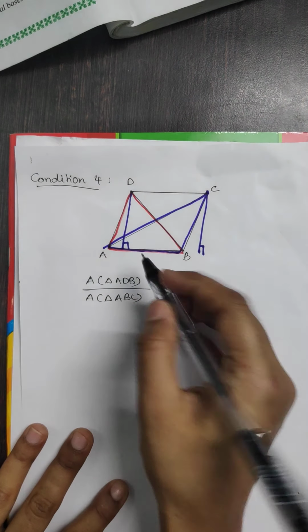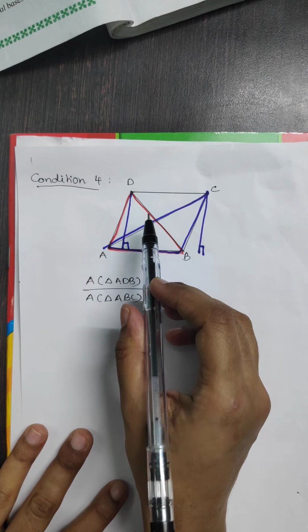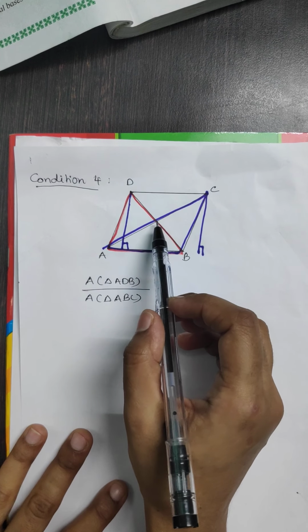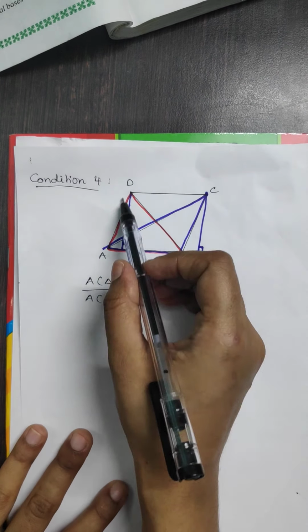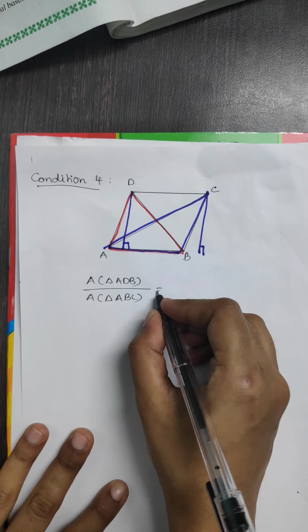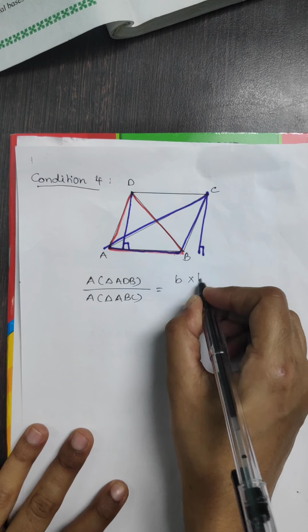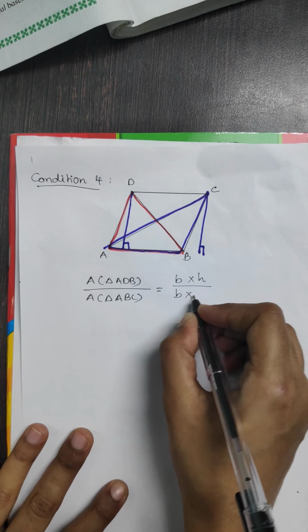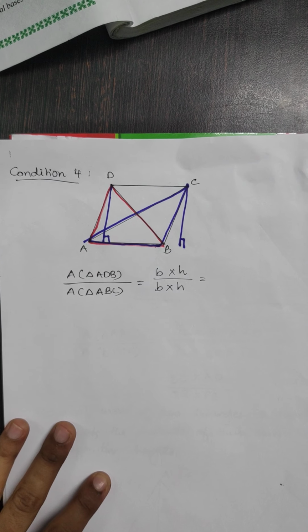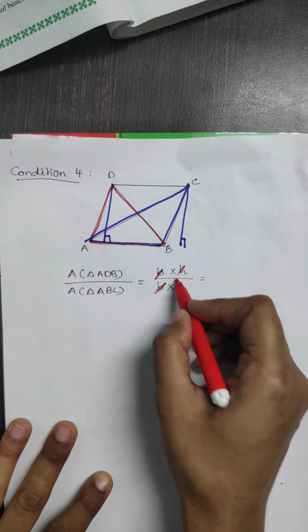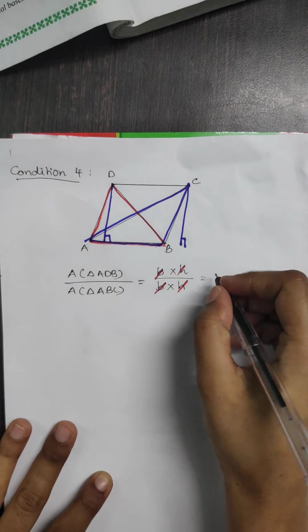So in this type of condition, when the base is equal and the height is equal, everything will get cancelled out, children. So what will remain? Only one.